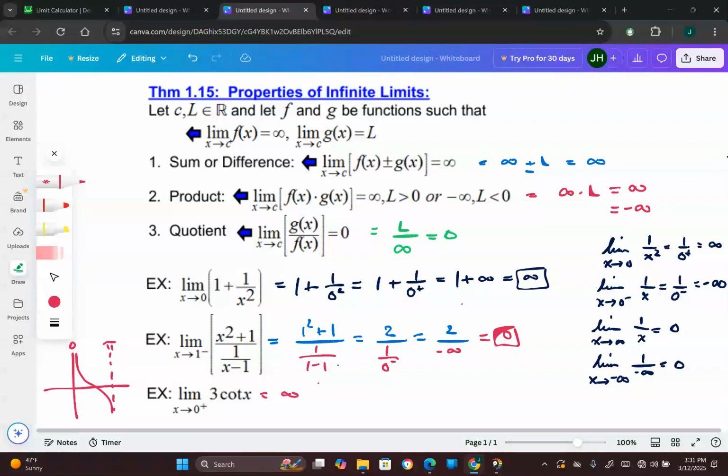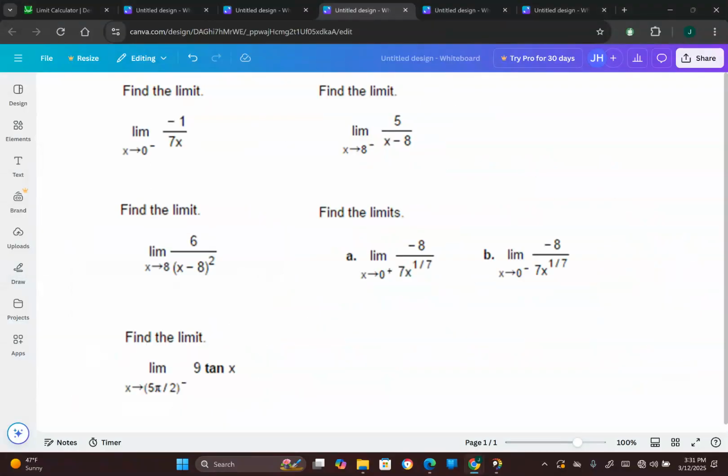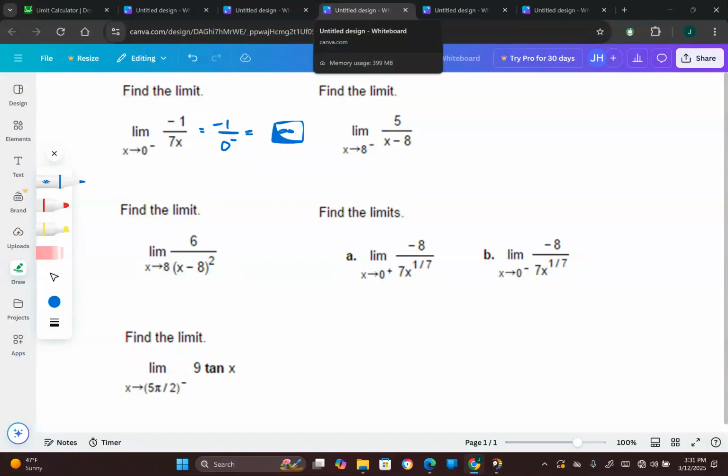Now, we're going to do a few more problems here, and we're going to show you how fast we can actually do these. If you plug in 0 to the bottom of this fraction, you get negative 1 over 7 times negative numbers approaching 0, which is negative numbers approaching 0. 1 over 0 is infinity, but a negative over a negative is positive infinity. I hope you guys see how that works.